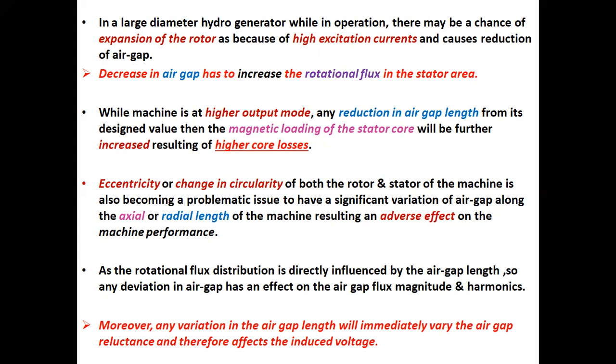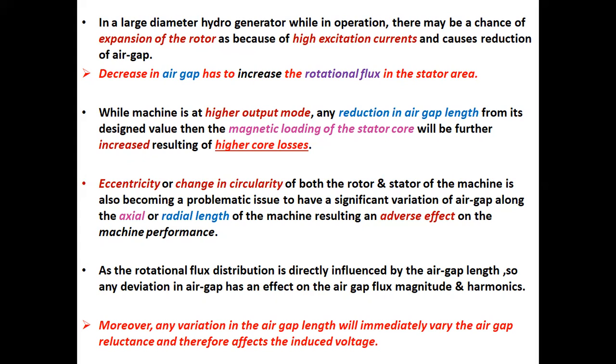Eccentricity or change in circularity of both the rotor and stator of the machine is also a problematic issue, causing significant variation of air gap along the axial or radial length of the machine, with an adverse effect on machine performance.